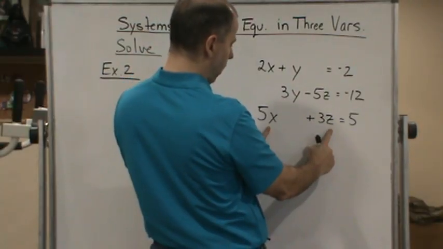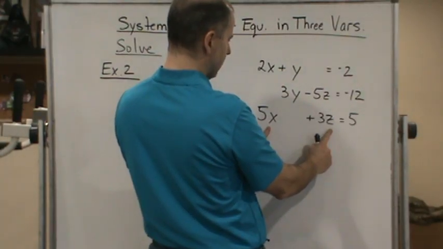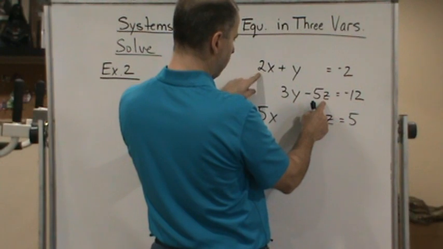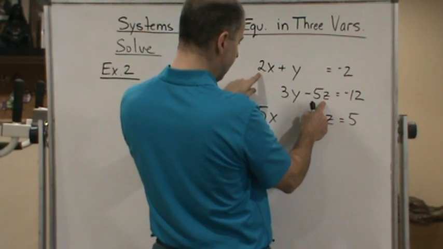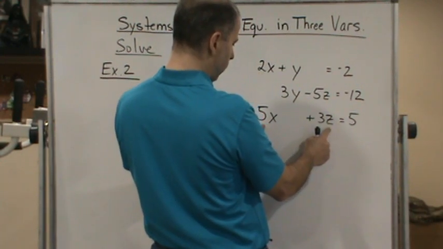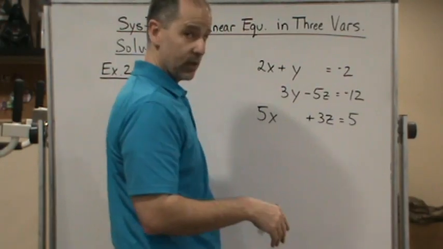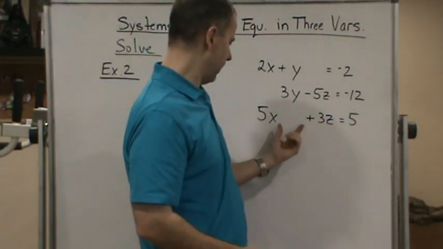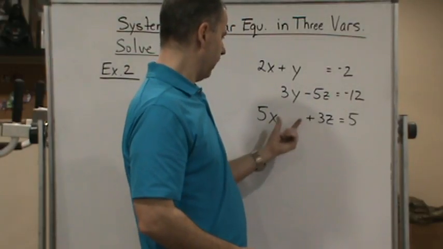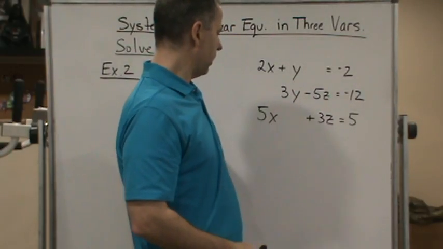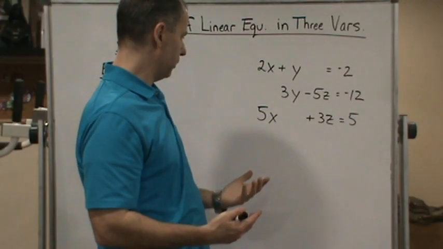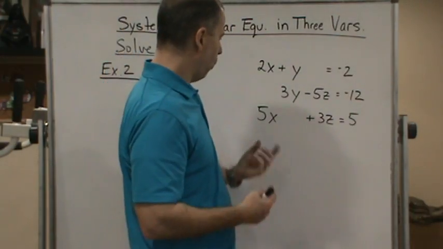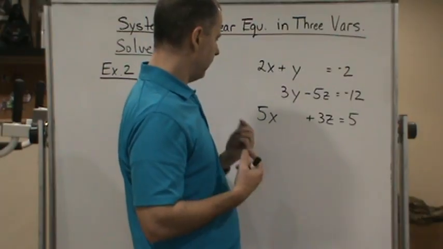But actually, we'll already have x and z. So we don't have to pick another pair, because we already got an equation in two variables. In fact, all three of these are in two variables, but different variables, okay? So as long as we can eliminate one variable, we're good.